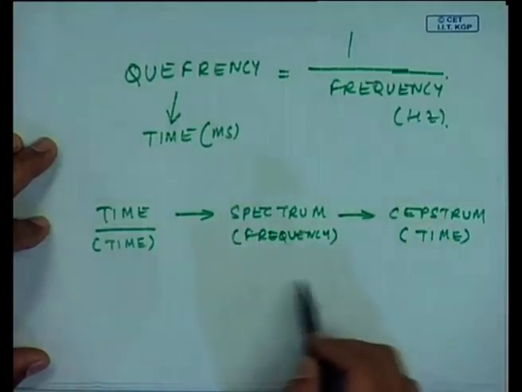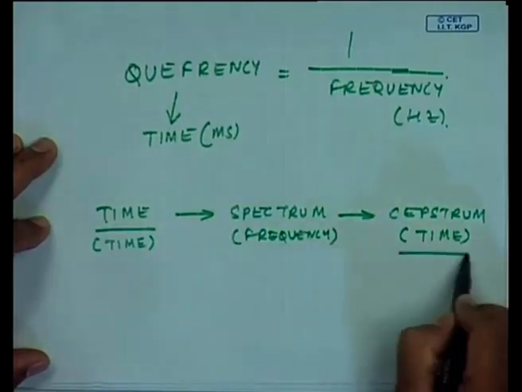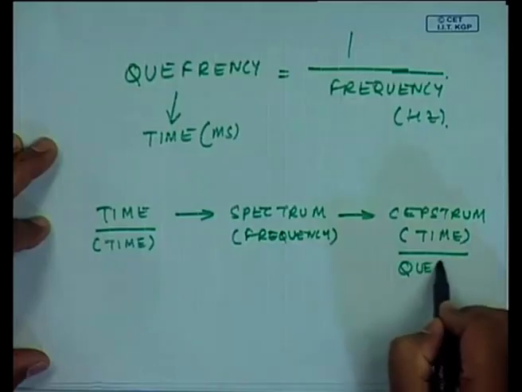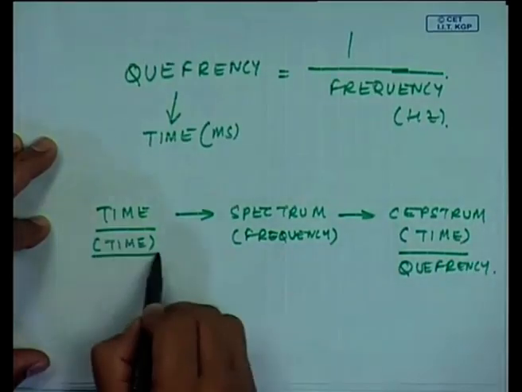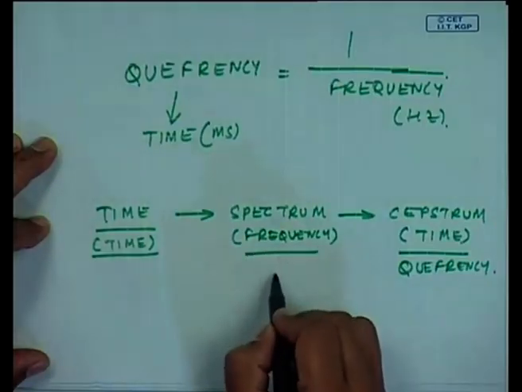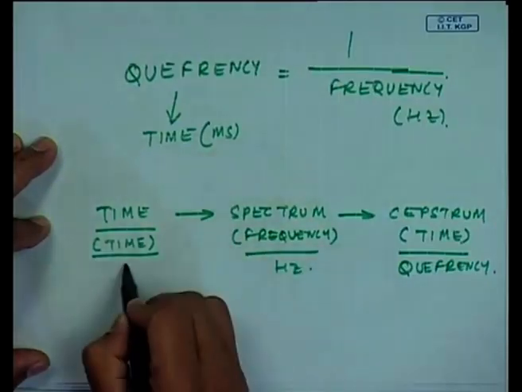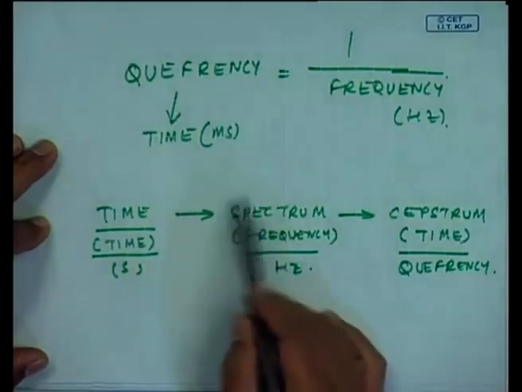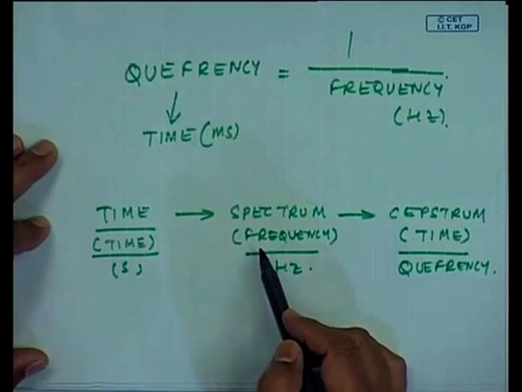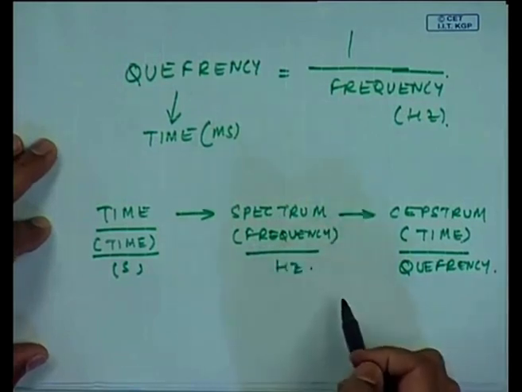Okay, this is the relationship and this is time means Q frequency. And the effect of all the path properties are lost once we do Cepstrum.